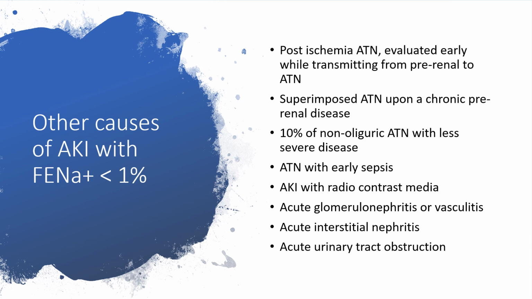What if it is acute tubular necrosis, post-ischemic phase, evaluated early while transitioning from pre-renal to acute tubular necrosis? What about superimposed acute tubular necrosis upon a chronic pre-renal disease? Or 10% of non-oliguric acute tubular necrosis with less severe disease. So you are dealing with acute tubular necrosis, but the value is low, less than 1%.